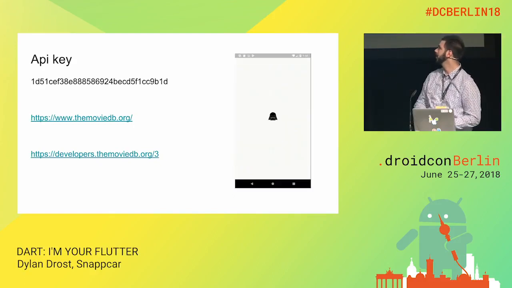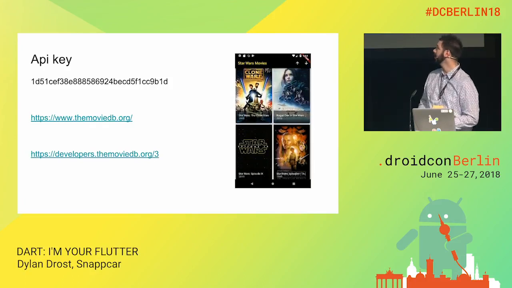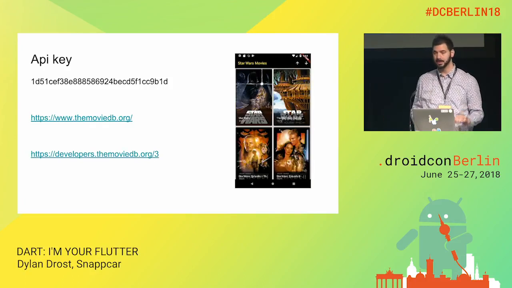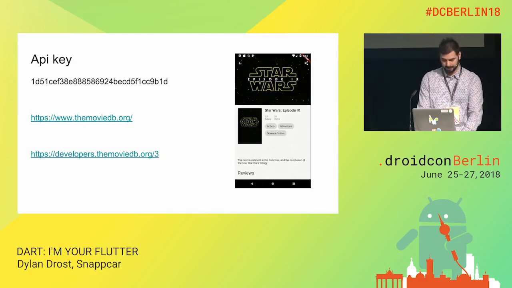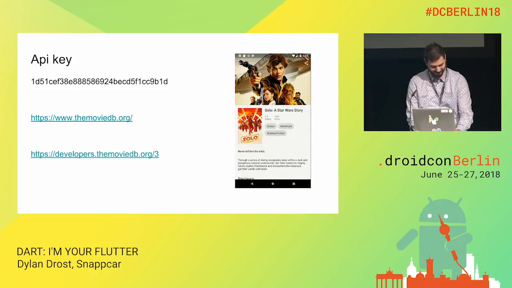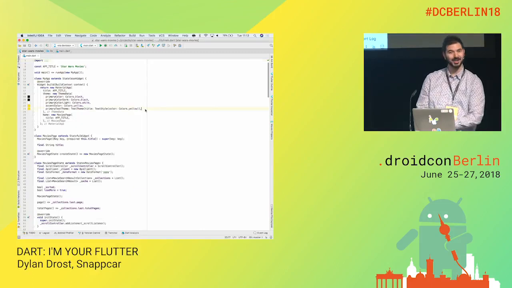And yeah, we're using the movie DB and the developer documentation for the API you can also find over there. It's also linked in the steps and in the README. And that's it for the slides. This isn't really a presentation talk anyway, so we're going to do code.